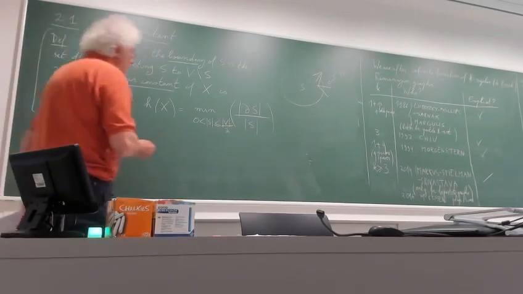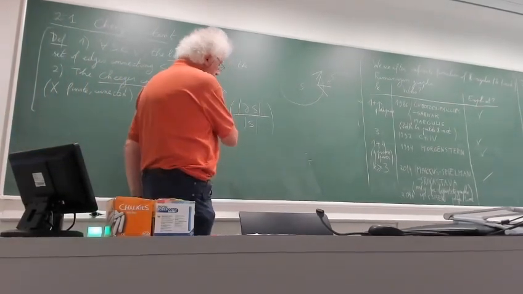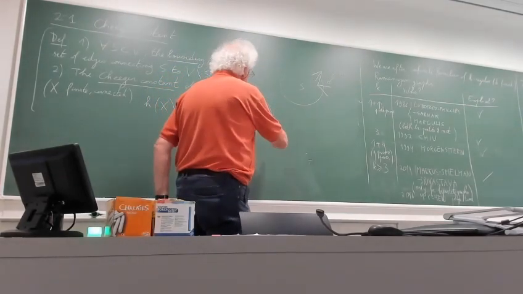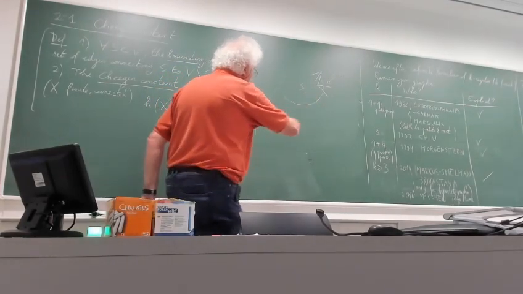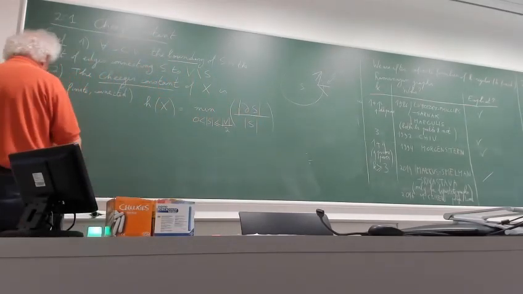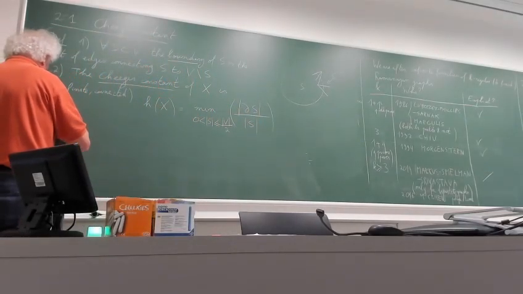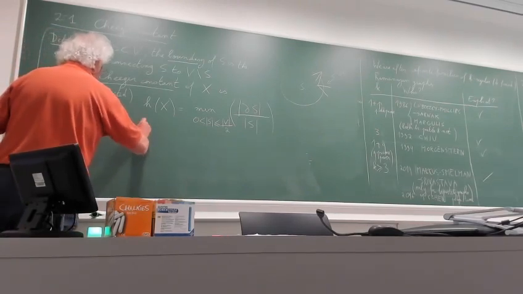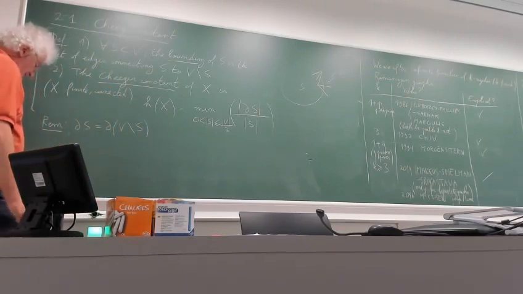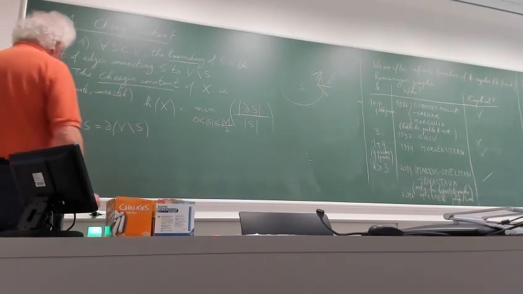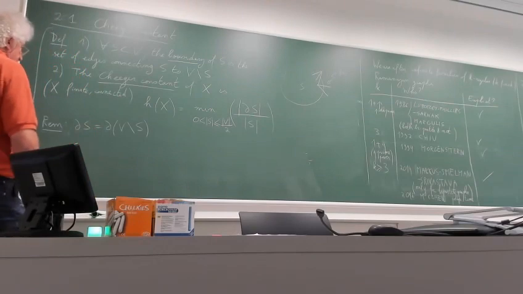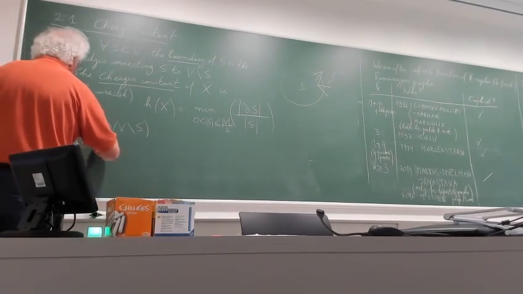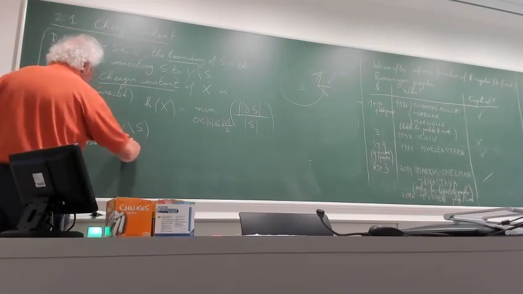We restrict to those sets because the notion of boundary is symmetric. The boundary of S is the same as the boundary of V minus S with my definition. And the point is, I claim that h(X) is a measure of robustness.